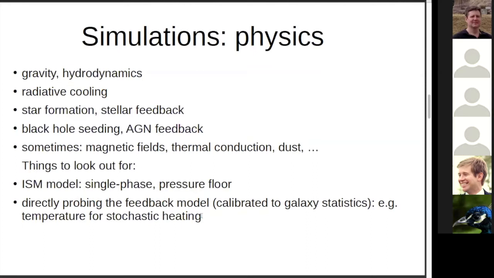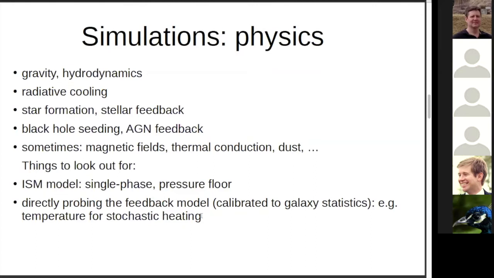In Eagle, the strategy is, instead of injecting energy at each time step, you save up the energy, and at each time step have a certain probability of heating a gas particle. So that gas particle, instead of being heated by the thermal energy of one supernova, is heated to a fixed temperature of 10^7.5 Kelvin for stellar feedback, and 10^8.5 for AGN feedback.